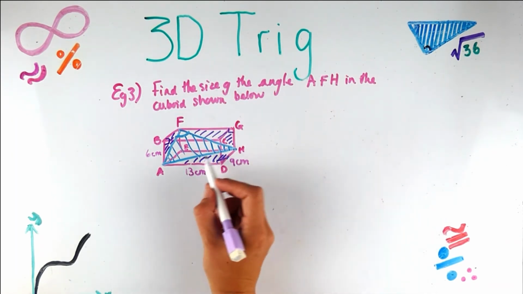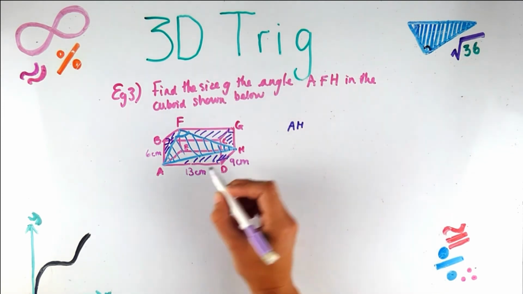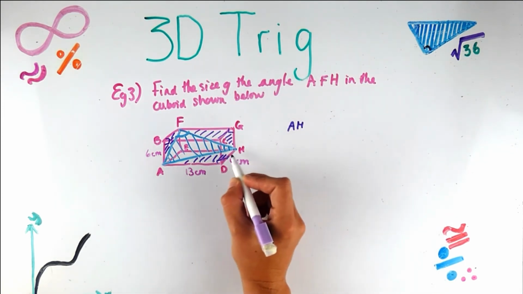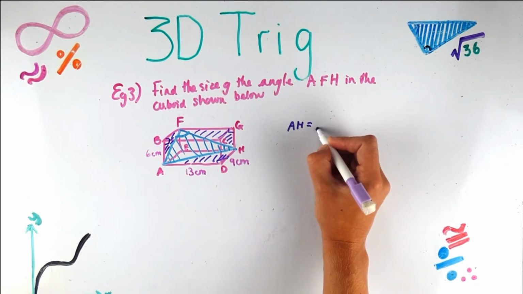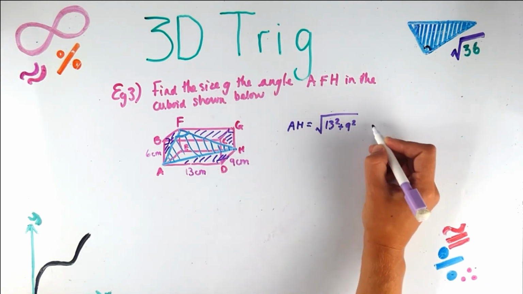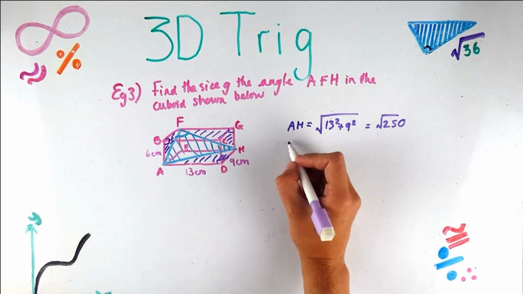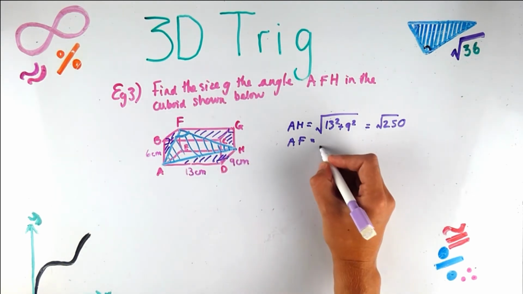This is probably the easiest to see because it's on the bottom, and you've got the length AH, which is the hypotenuse here, equals the square root of 13 squared plus 9 squared. That's the square root of 250. Okay, so now AF here, again it's the hypotenuse.